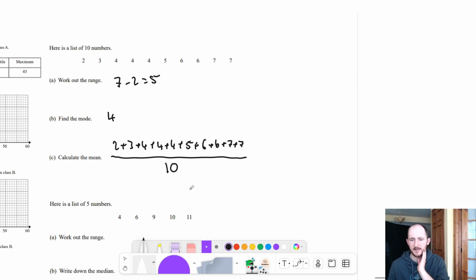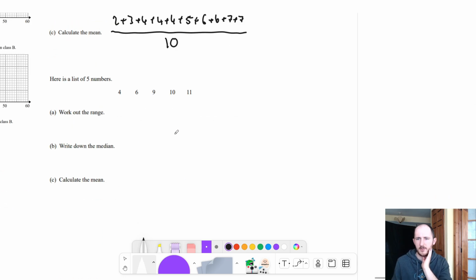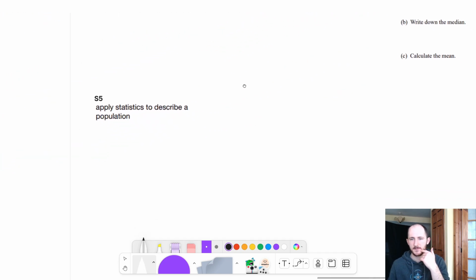You just use a calculator. Again, range, biggest minus smallest. Median is the middle number, so you write the numbers in order of size. This has already been done for us, and then you just find the middle. So I like to cross them off one by one, circle it, and again the mean's the same.